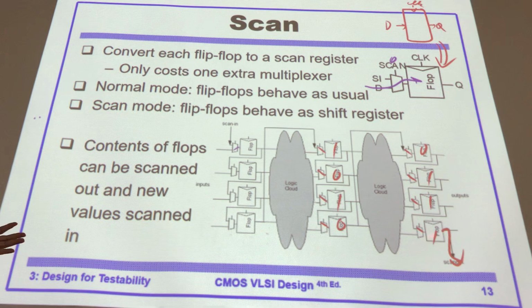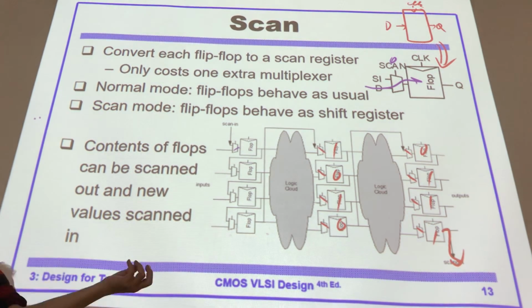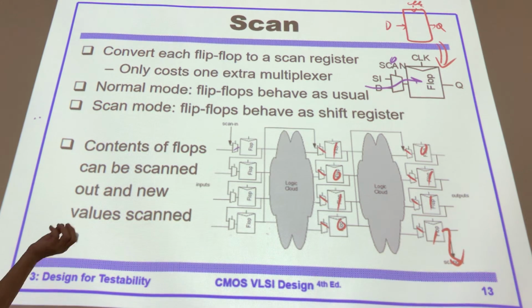After one clock cycle, this one comes out, and this bit 1 will be here. This 1 bit will be here. 0 will be here. 0 will be here. 1 will be here. 0 will be here. 1 will be here, right? So after 8 clock cycles, you are extracting 8 bits from the inside.